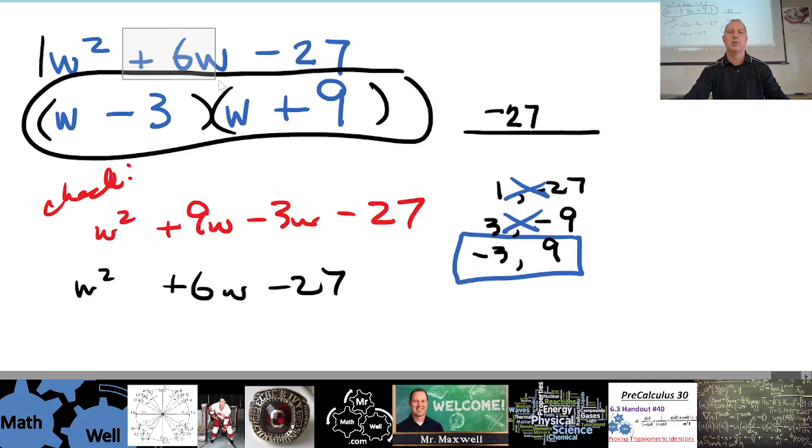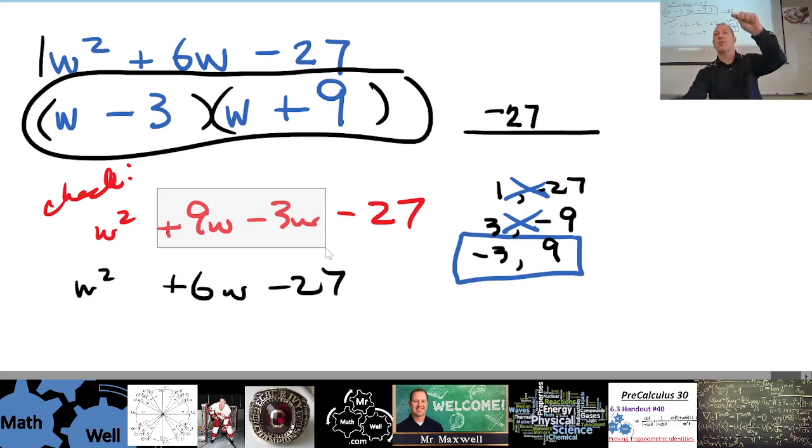Look at this 6W. You see that 6W? Notice that in the process of checking, I have that 6W decomposed into 9 minus 3W. That is what we're going to focus on for decomposition. How can I break the middle term up in such a way that I can factor two sets of binomials?